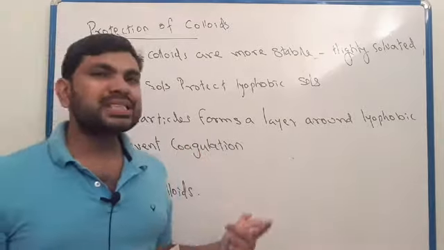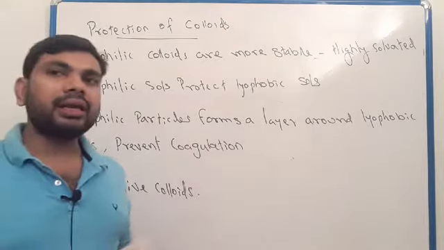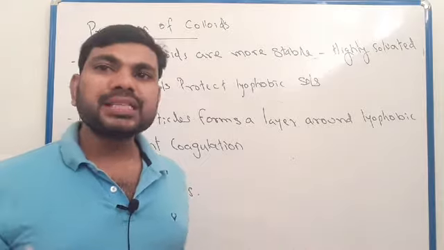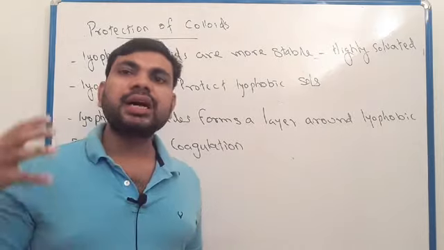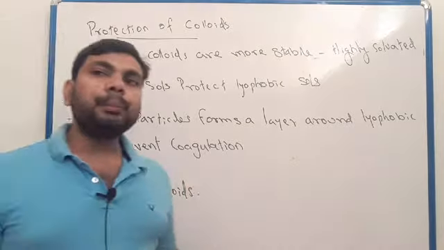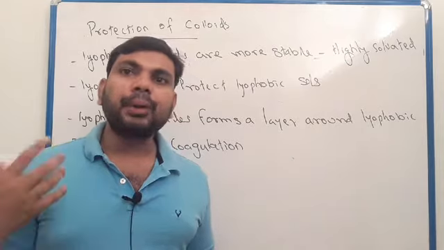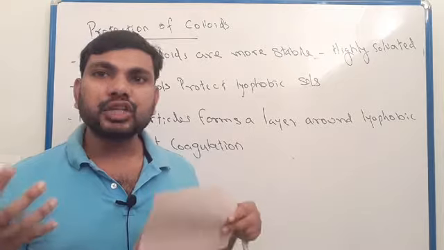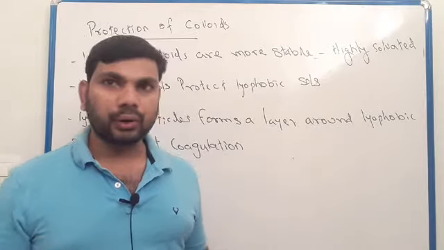So here we discussed lyophilic colloids are more stable than lyophobic colloid, because in lyophilic colloid there is strong interaction between dispersed phase and dispersed medium. After that we discussed when you mix lyophilic colloid in lyophobic colloid, lyophilic colloidal particles make a layer around lyophobic colloid and it prevents coagulation or precipitation of lyophobic colloid.